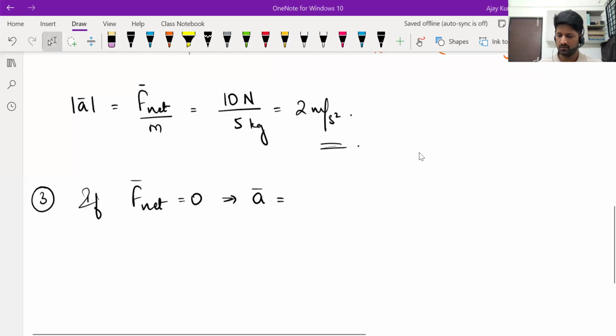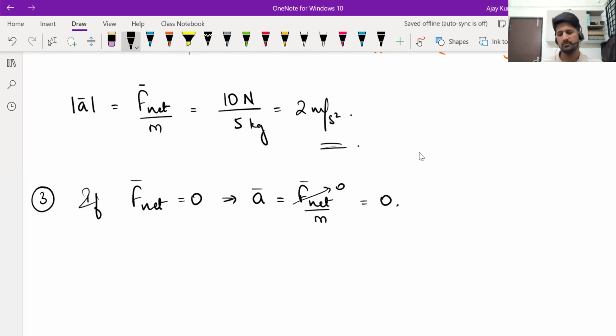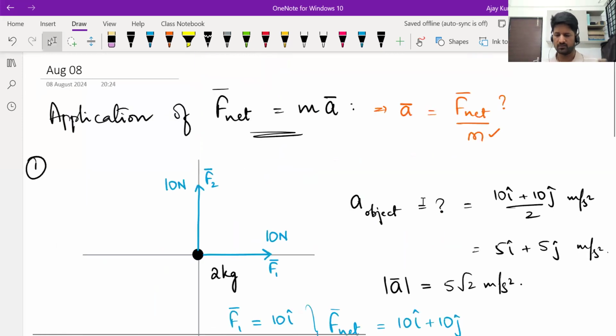Okay. Acceleration is simply net force divided by mass. And if this is 0, the acceleration also becomes 0. Correct. Okay. So this is one direct application of Newton's second law. If you know the forces acting on the object, you can tell its acceleration.